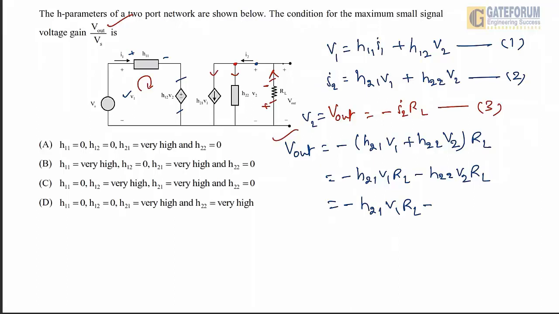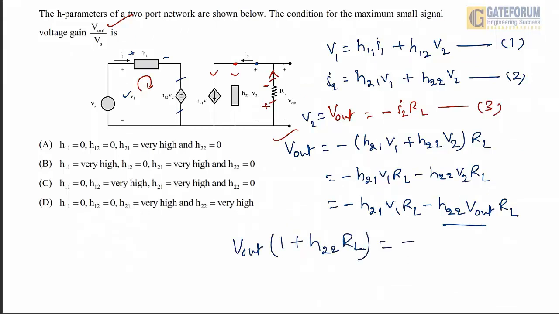So this becomes H22 V out into RL. Now take this term to the left side so that V out is common, and we can write 1 plus H22 into RL is equal to minus H21 V1 into RL.